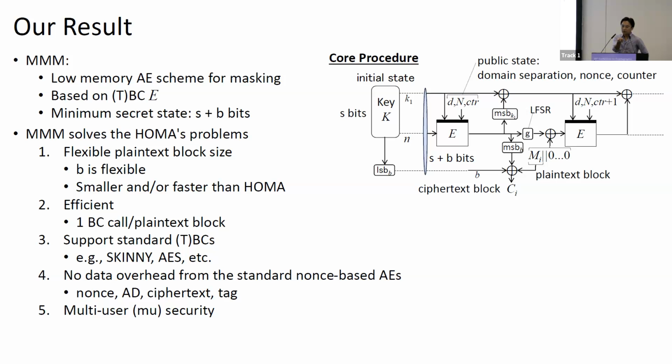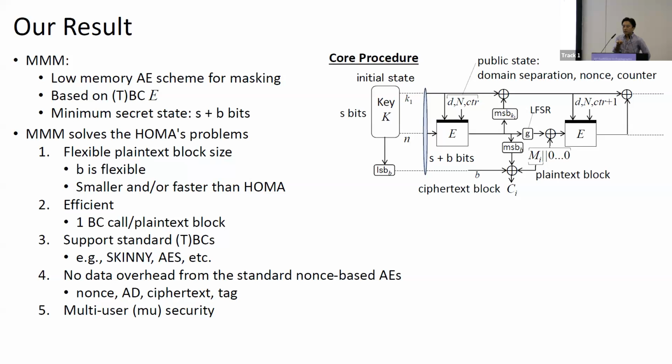This is the core procedure of M. At the beginning, the S-bit part of the state is initialized by the secret key, K. Then the S-bit state is split into the K1-bit part and the N-bit part. The N-bit part is directly updated by the block cipher E, and the upper K1-bit part is updated by XORing with the block cipher output.